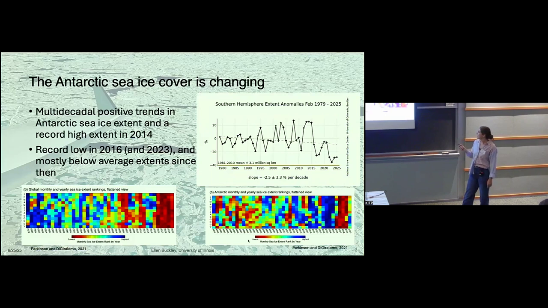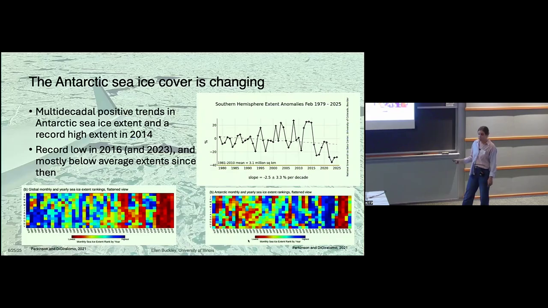So briefly, some of our highest Antarctic sea ice extent, and then some of our lowest sea ice extent more recently. Showing here global sea ice extent. And then again, this visualization I think really pulled out the interesting Antarctic patterns of high sea ice extent and then low sea ice extent.